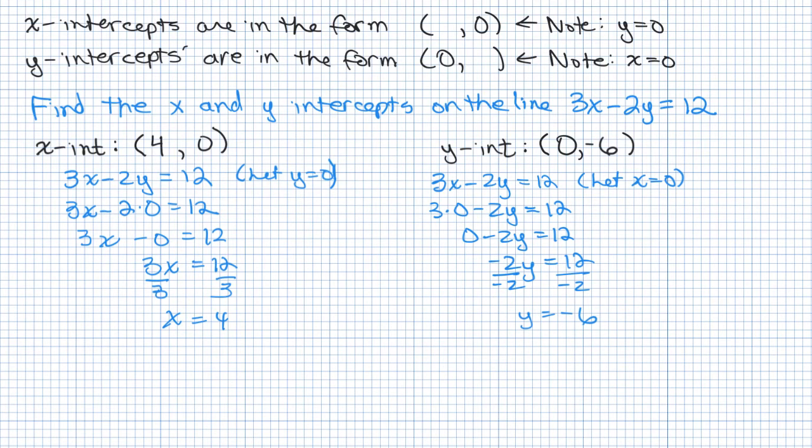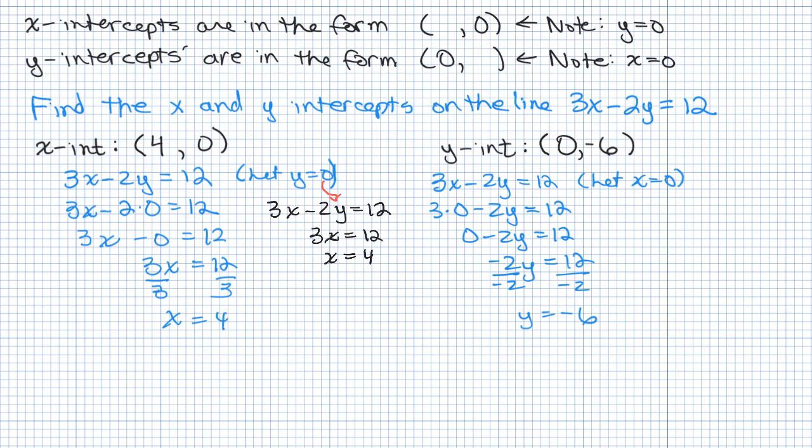Now, you might not need to show all the steps I showed over here on the left side. For instance, when you let y equal 0 in 3x minus 2y equals 12, you might notice that if you plug in the 0 for y, the term negative 2y will be 0. So some people skip that and do it in their head and just write 3x equals 12, and you get the answer a little bit quicker. Same thing over here.